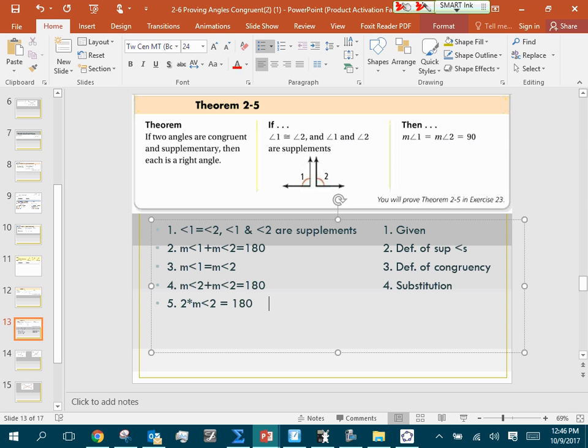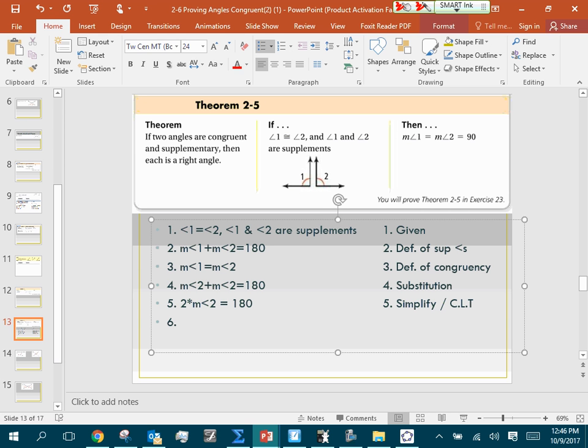All right, now however you want to write this, you got some options. You can say it's simplifying. Okay, you can say that it's combining like terms. Okay, that's what we're looking for in that particular step.